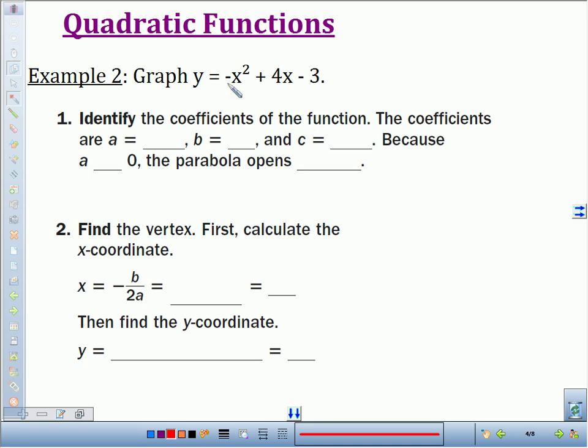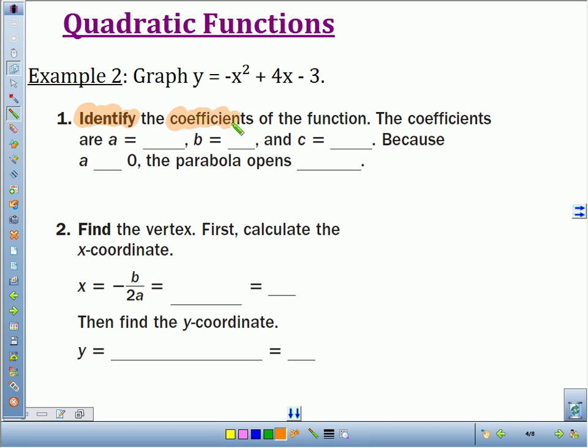We want to graph y equals negative x squared plus 4x minus 3. First thing we want to do, we want to identify the coefficients of the function. When I say we want to identify the coefficients, what I'm telling you is I want to find a, b, and c from ax squared plus bx plus c.